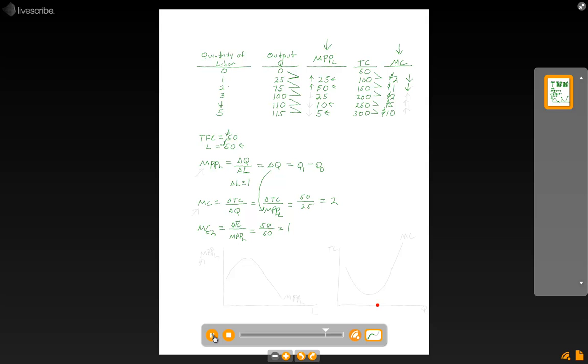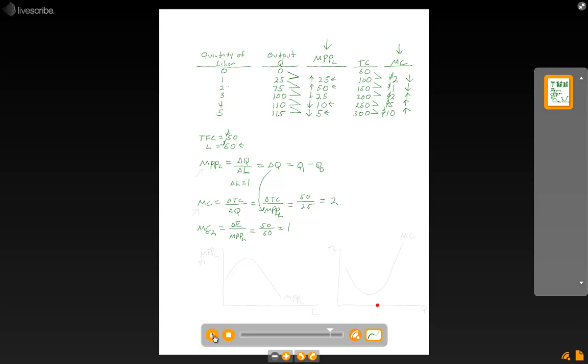But then when we hire the third worker, the additional output that third worker gives us starts to fall. As we hire our fourth worker, it falls even further. And then as we hire our fifth worker, they're only adding an additional 5 units, while at the same time the cost of producing that output is starting to rise quite dramatically.